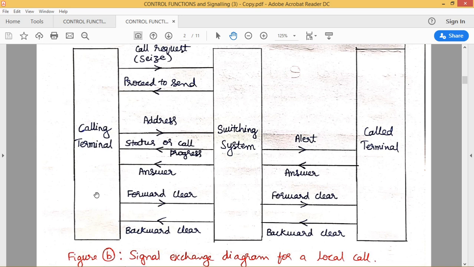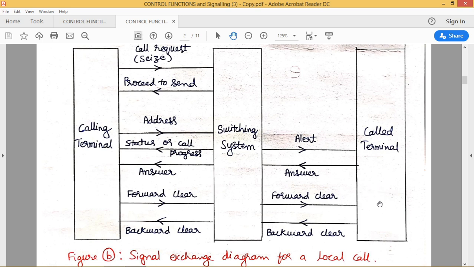Once the conversation is complete, the calling person may terminate the call or the called person may terminate the call. Let us assume the calling person is terminating the call. Once the calling person terminates the call, a clear signal is sent towards the exchange, so we call it forward clear. The forward clear signal is sent to the exchange, and again the signal is forwarded to the call terminal.